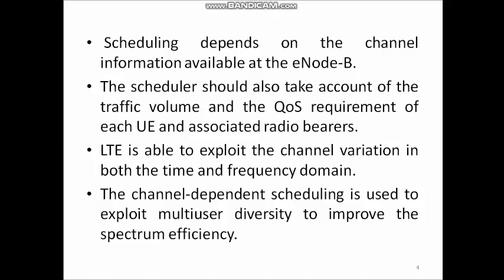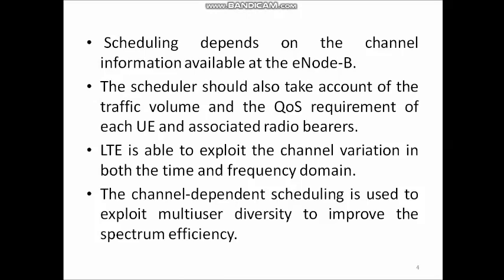Okay, next, scheduling depends on the channel information available at the eNodeB. So, for the scheduling process, the eNodeB requires channel information. This information is obtained from channel sounding in the uplink channel and from CQI reporting in the downlink channel. The scheduler should also take account of the traffic volume and the quality of service requirement of the user equipment and associated radio bearers.